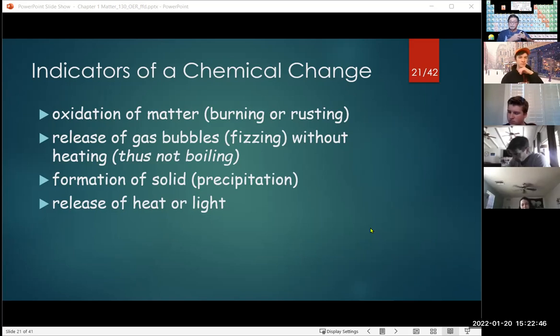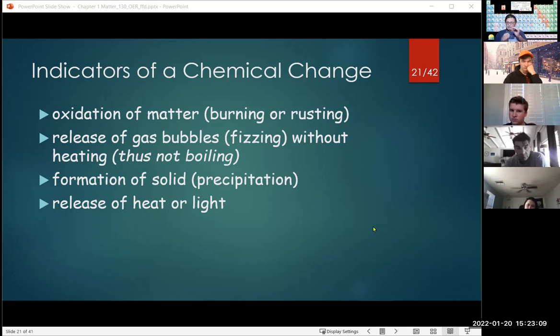Again, a good indication of a chemical process, or light could be given off. You get those little fluorescent sticks, you break them and light is produced, okay? That's a good indication of a chemical process, like fireflies, lightning bugs, that give off light at night.